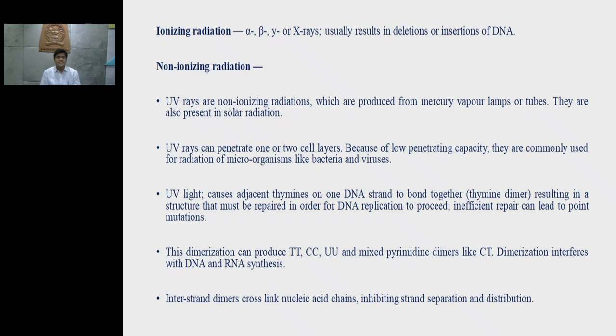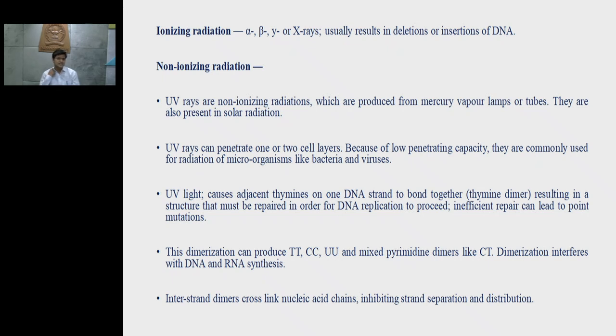Ionizing radiations are alpha, beta, gamma and X-rays, and non-ionizing radiations are the UV rays. These rays are non-ionizing. They are produced from mercury vapor lamps or tubes. They are also present in solar radiation.